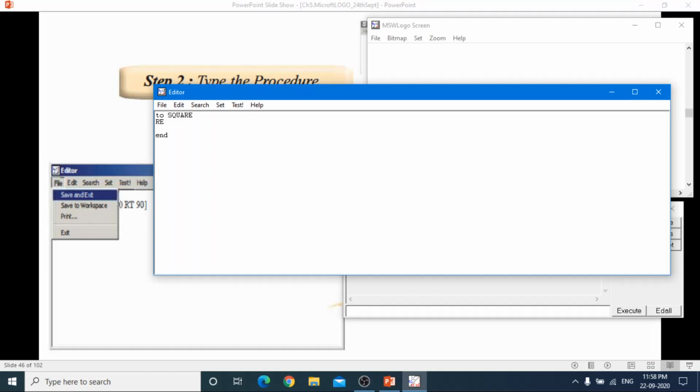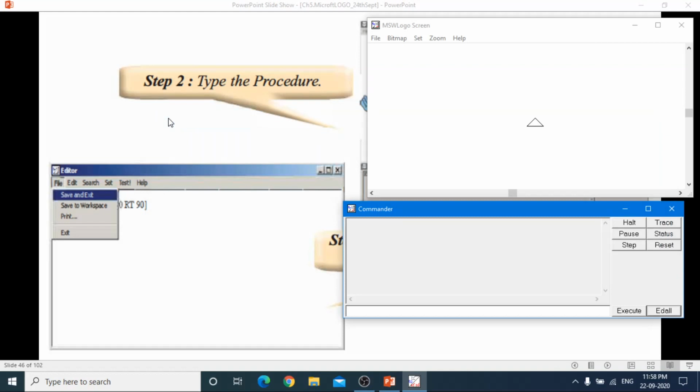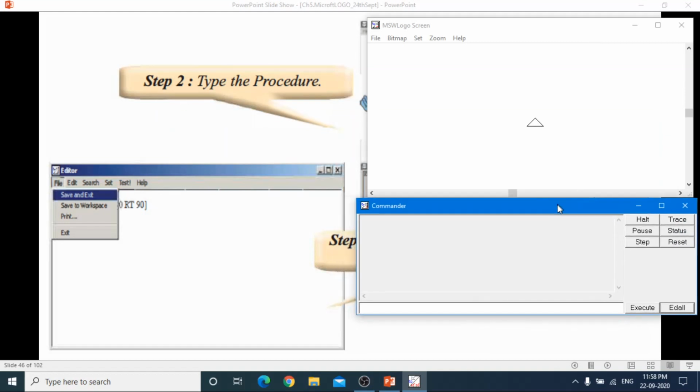Now you have to write the commands that you want to execute in this procedure. For drawing a square, what do you write? Repeat 4, then square bracket, FD 100, RT 90, and then go to File, Save and Exit. You have saved the procedure.